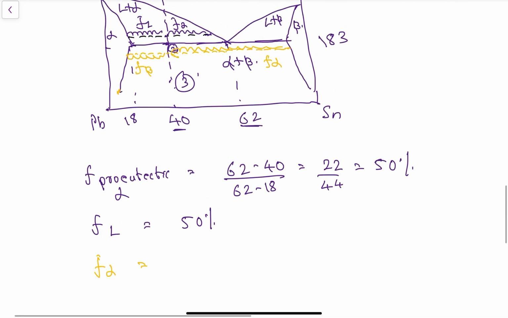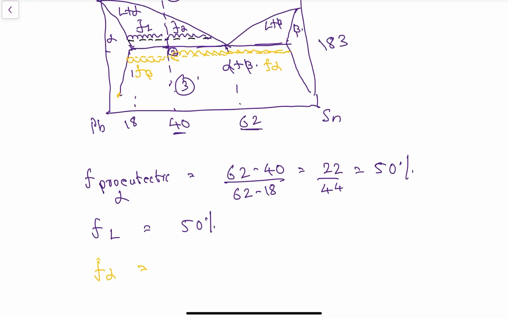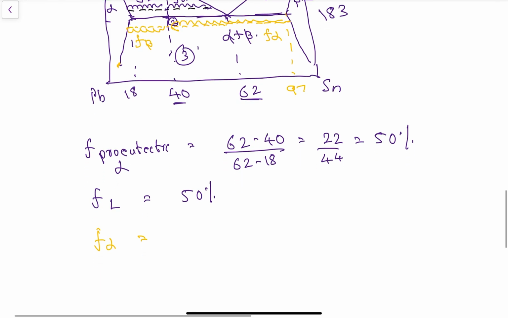So the percentage of alpha can be found out by, this one is 97. It is 97 minus 40 divided by 97 minus 18. So this is equal to 57 by 79. This much percentage.